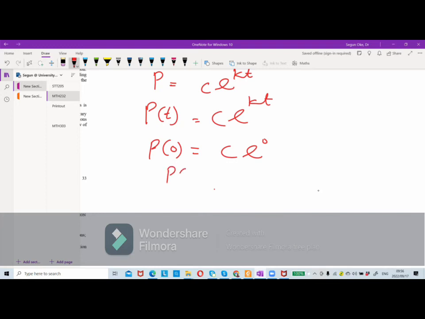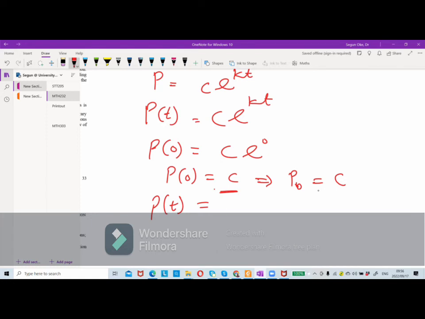So we have P of 0 equals C, which implies that P naught is equal to C, a constant.